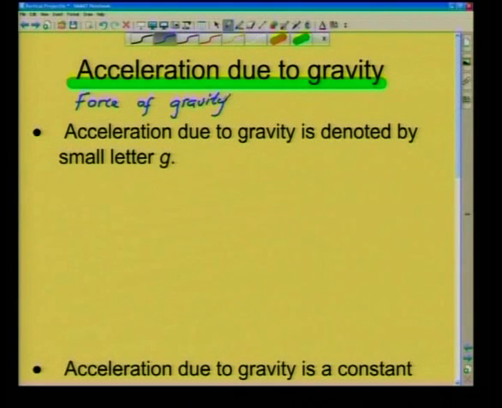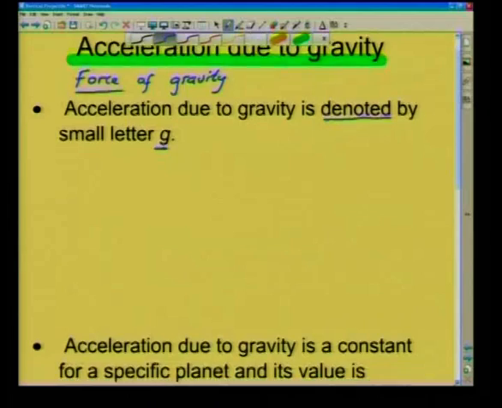In other words, we are saying what acceleration is experienced by an object due to this force of gravity. Now, acceleration due to gravity is denoted by a small letter g. So we can use that small letter g to say we're talking acceleration due to gravity. It's a special type of acceleration.